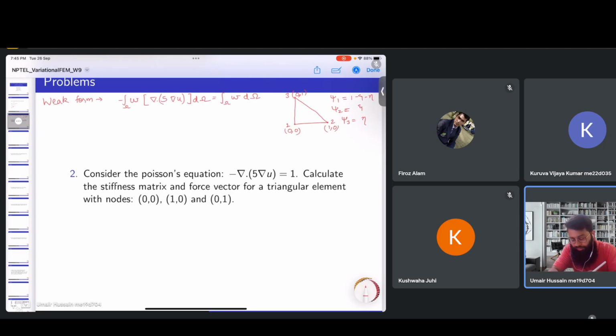Now in 2D we call it the Gauss divergence theorem.